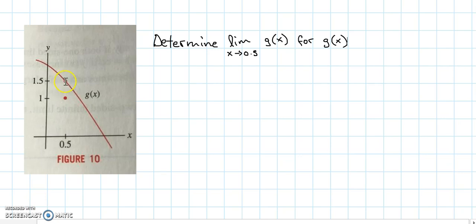There is a hole in the actual line and a point somewhere else. However, we can see that as x approaches 0.5, the left side still approaches 1.5 and the right-hand side still approaches 1.5, even when there is a hole at that point.